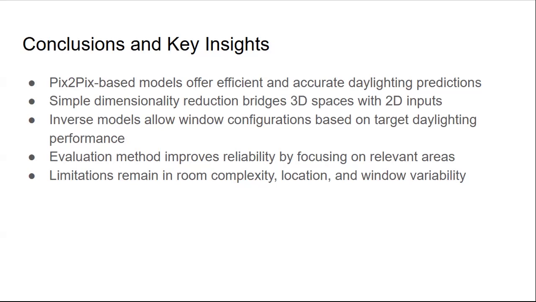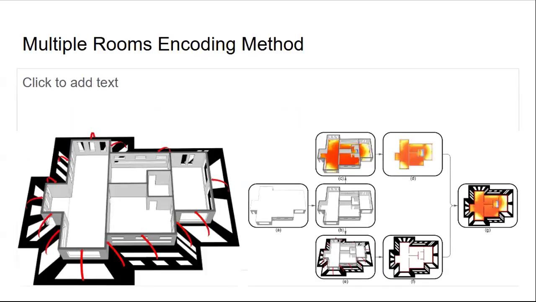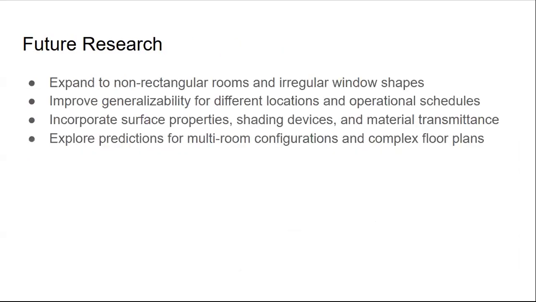Yet limitations do exist, such as the models' reliance on Rayleigh-specific weather data and their inability to handle complex room shapes, multiple room scenarios, the application of shading devices, dynamic schedules, and so on. Some limitations can be addressed by updating the dimensionality reduction method, such as resolving the multi-room constraint as shown in this figure. Other limitations require more creative solutions, which will be explored in future research.